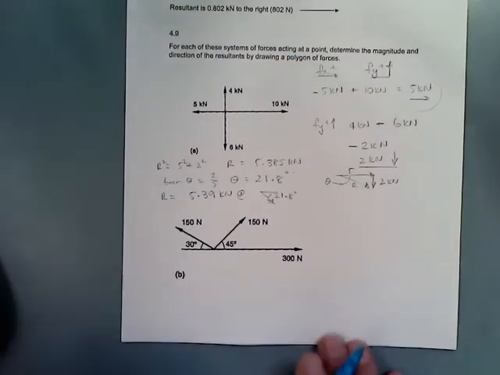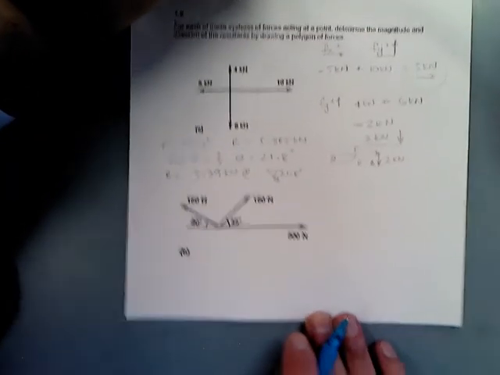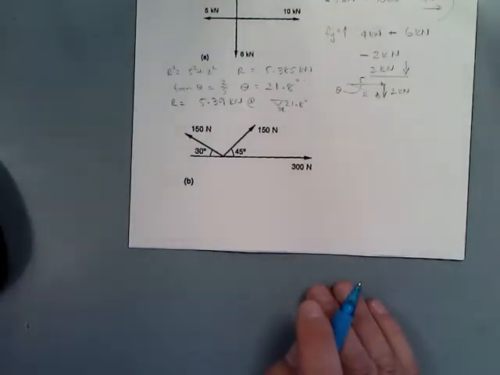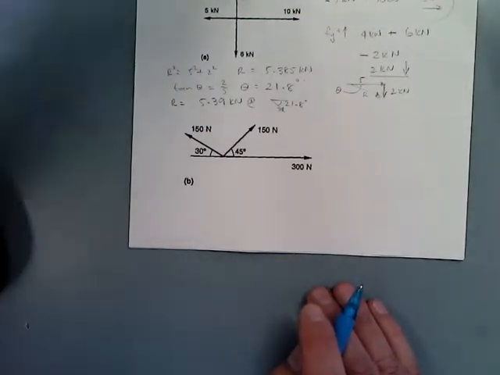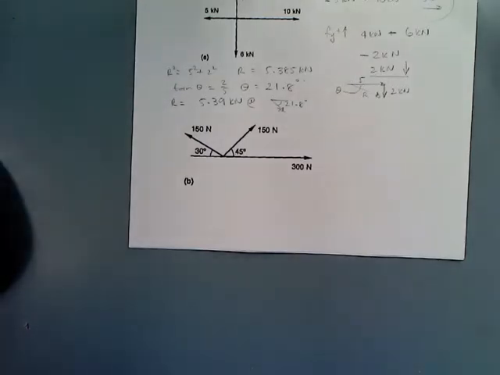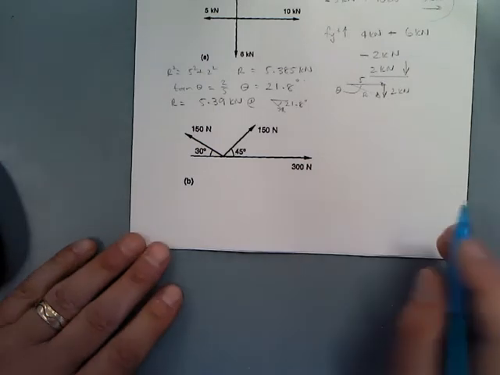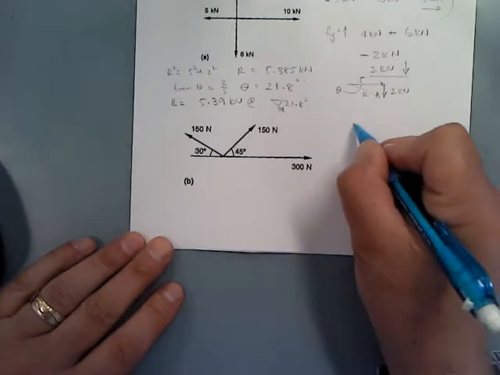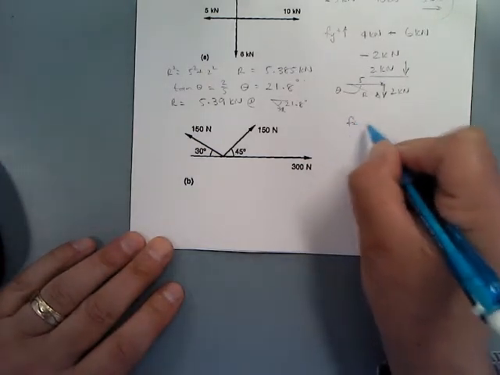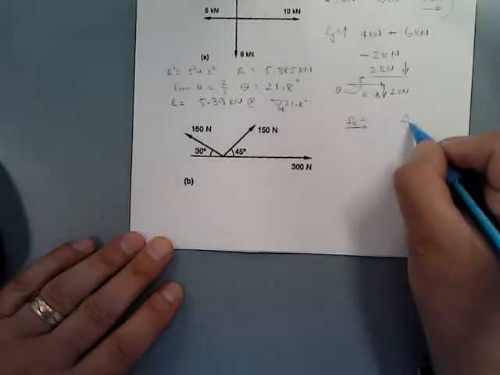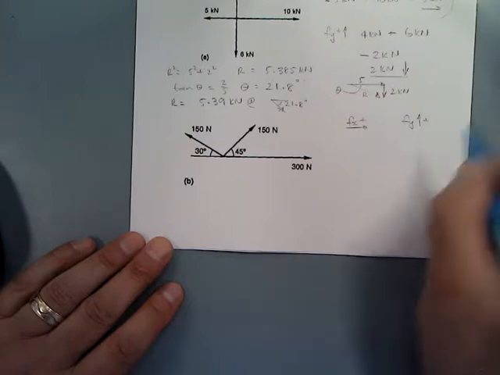Okay, question part B. Now, if we aren't going to solve this one purely graphically, I am just going to draw up a table of forces. So I'm going to say that forces in the x direction, in that direction, are positive, and forces in the y direction going up are also positive.